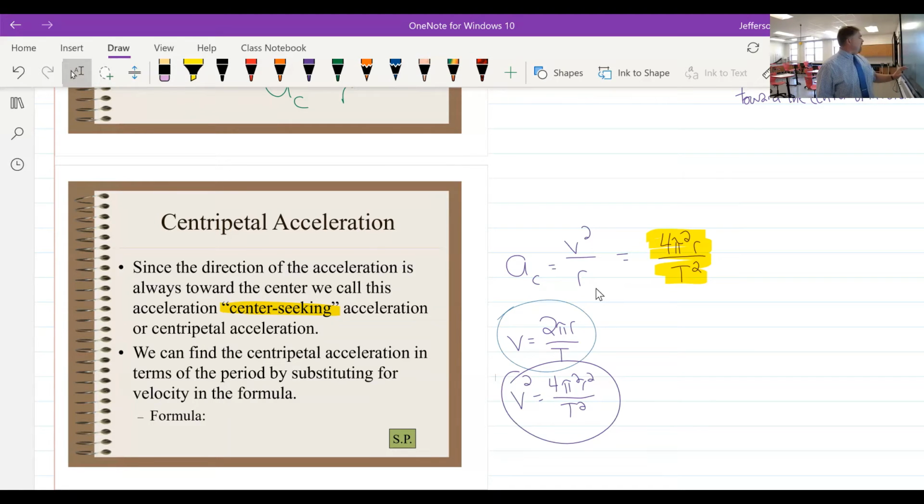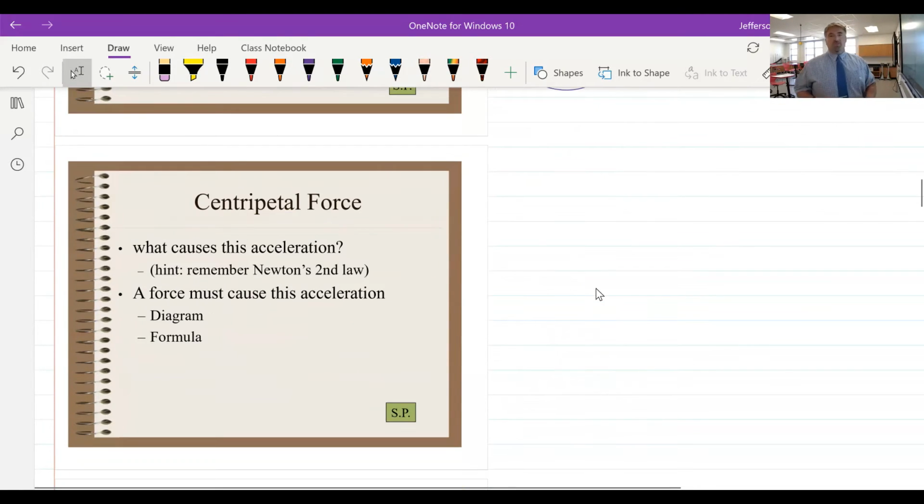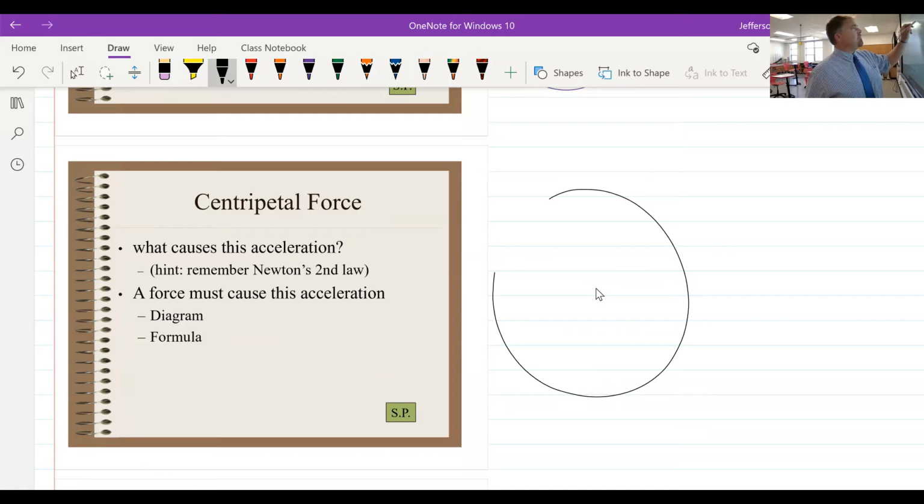Now, recall that anytime there's an acceleration, that means that there is a force. And so anytime that I'm moving in my circular path, I have to have a centripetal force also directed towards the center. I'm going to label this F sub c to let me know that that is a special force called the centripetal.